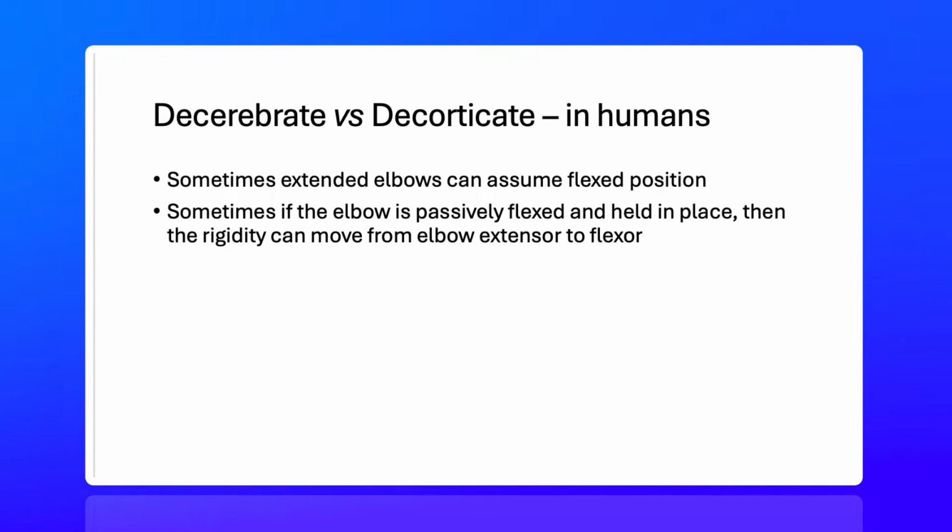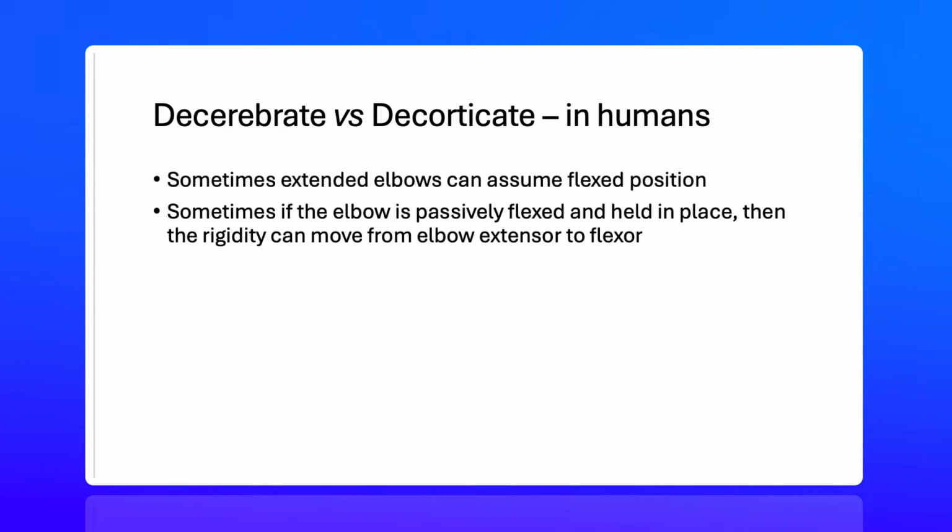So, when we look at decerebrate and decorticate rigidity in humans, the picture is more complex because patients can have fluctuations between these two rigidities. That is, patient whose posture is decerebrate rigidity can go into decorticate and vice versa.